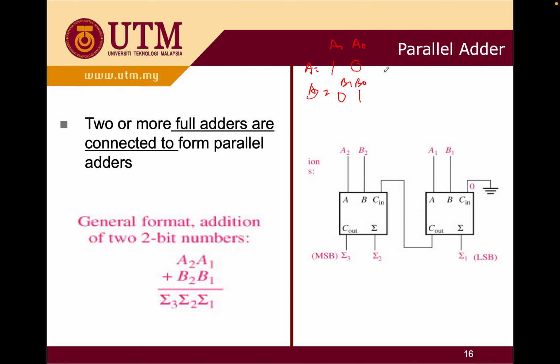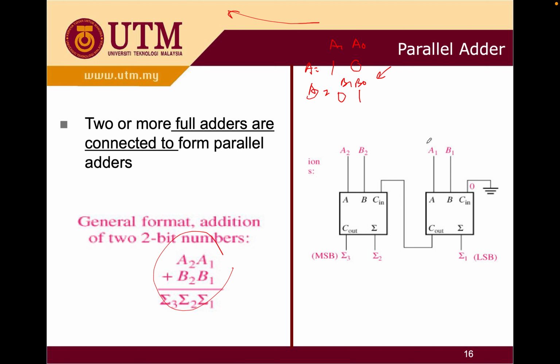The question will inform you. By default, it's going to follow this, from 0 on the right to the higher numbers on the left. Now you just put it here in your circuit.